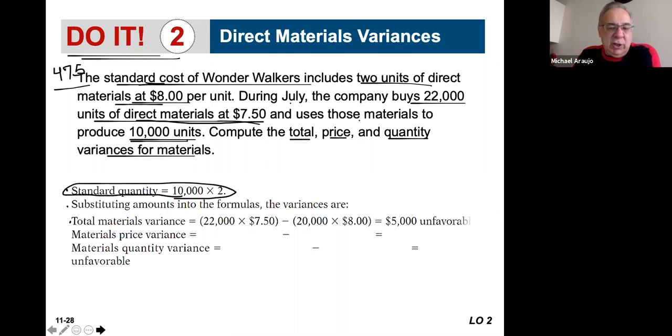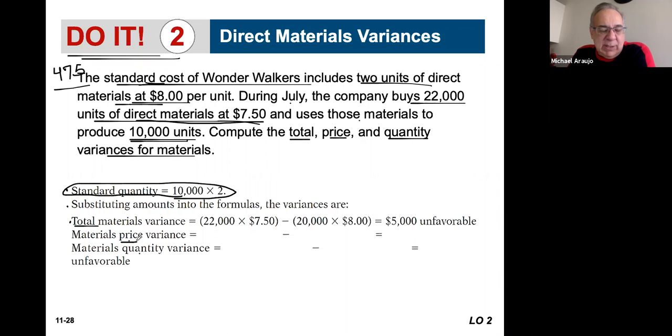At this point, your difference would have been $5,000 unfavorable. All right, so that's the total. So clearly the price and the quantity variances will come back to equal this total.